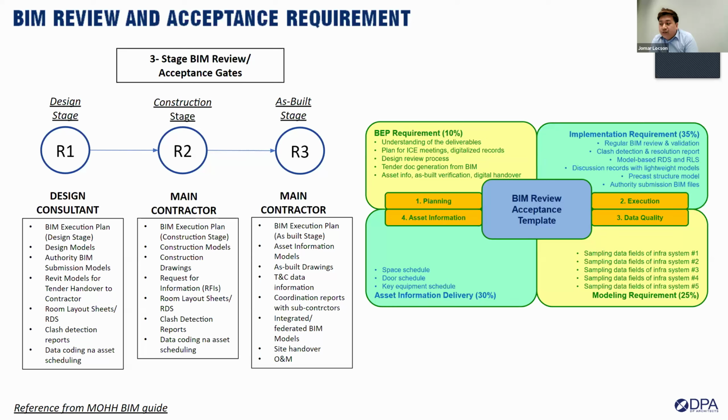This process is courtesy of our MOHH BIM studio. So there are 3 stages, R1, R2, and R3. Each stage will require its own checklist, requirements, and deliverables to pass the minimum score of 60.